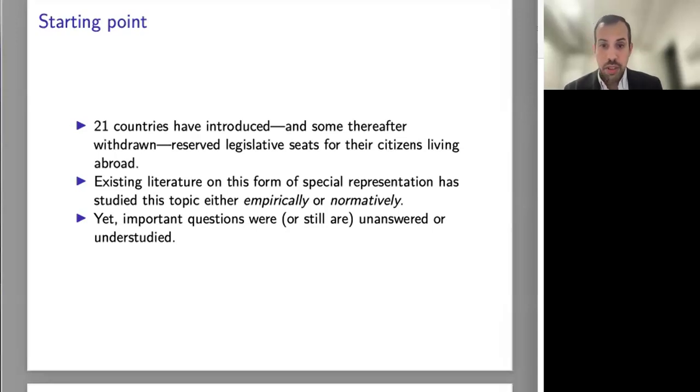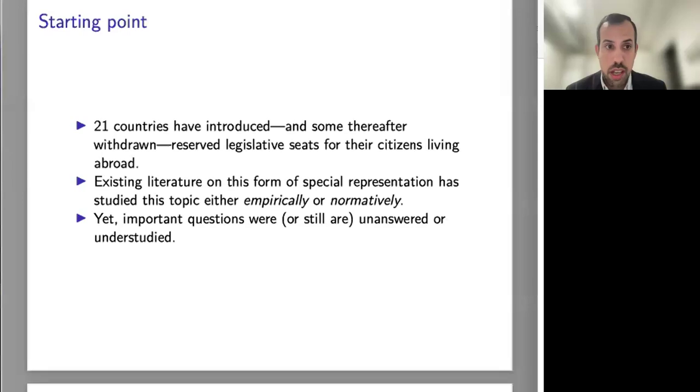In most external voting rights studies, of course, this type of special representation has been operationalized as an explanatory variable or as an element of the research design. In parallel, normative research has intensively debated whether non-resident citizens' special representation is suitable according to democratic values.